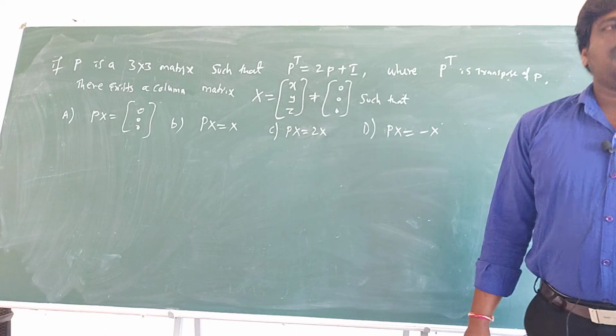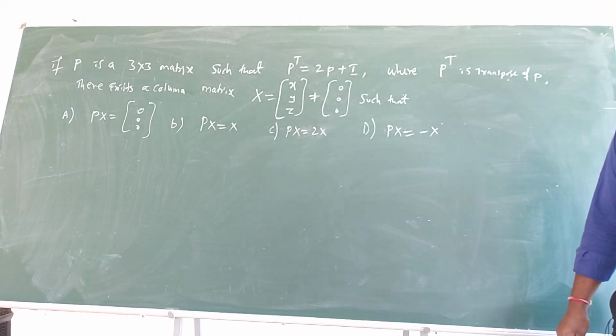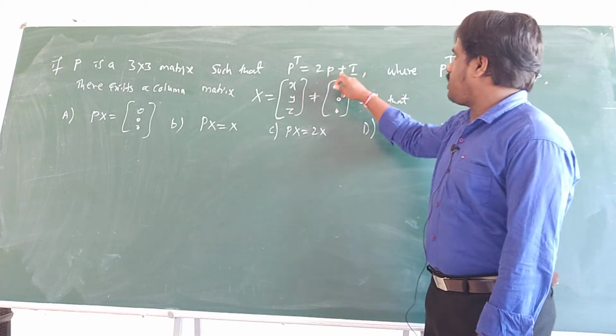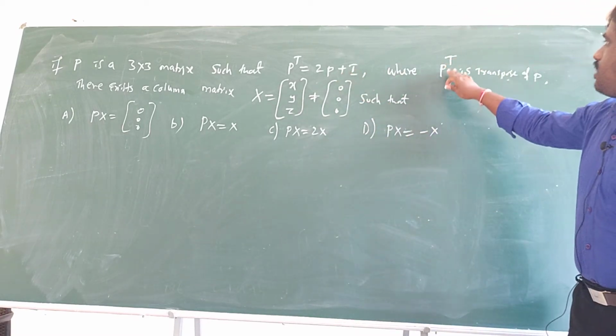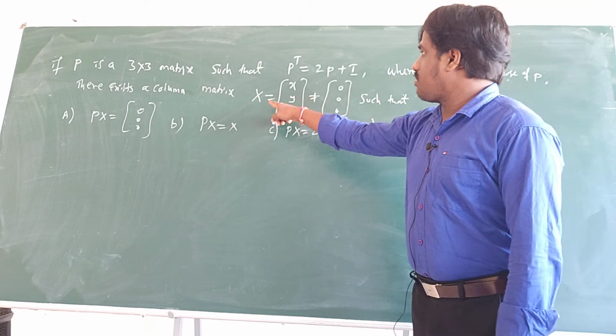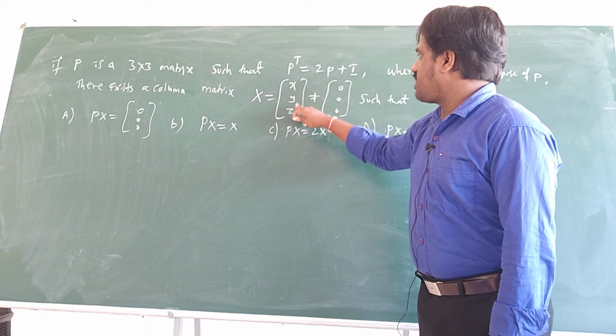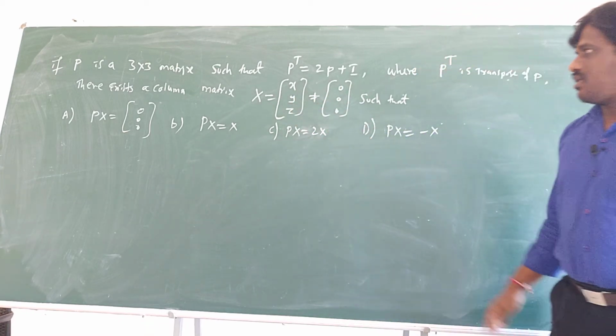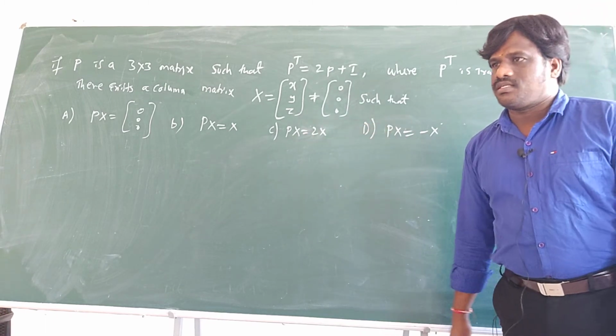Let's discuss. See here, it is saying that if P is a 3 by 3 matrix such that P transpose is equal to 2P plus I, where P transpose indicates the transpose, there exists a column matrix X, that is X, Y, Z, which is not equal to the 0 matrix. Then you have to prove which is correct.